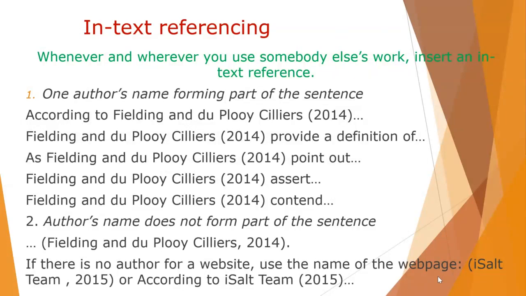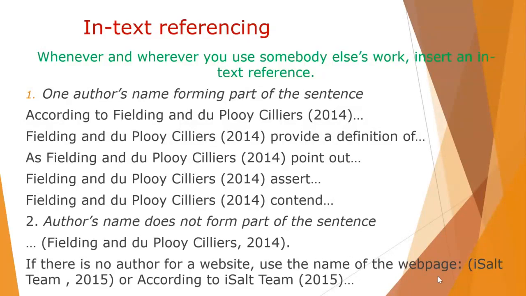Fielding and Du Plooy-Cilliers 2014 provide a definition of communication saying that it is whatever the case might be. As Fielding and Du Plooy-Cilliers point out, communication is dynamic. Fielding and Du Plooy-Cilliers assert that communication is dynamic. Fielding and Du Plooy-Cilliers 2014 contend that whatever the case might be.